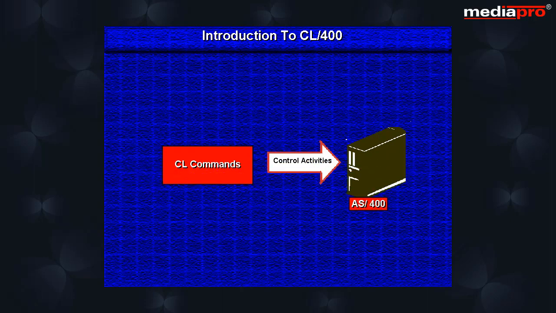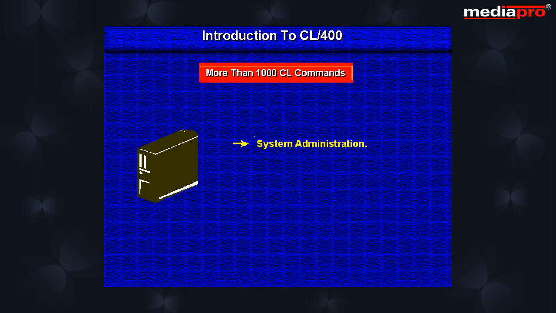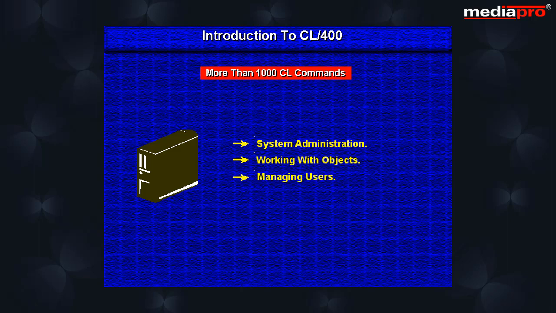All activities on the AS400 can be controlled through CL400 commands. There are more than 1,000 commands that support a wide variety of functions, such as administering the system, working with objects, managing users, sending and receiving messages, etc.